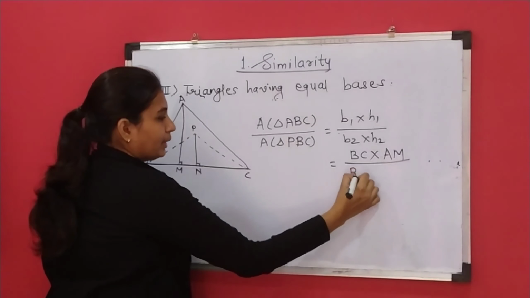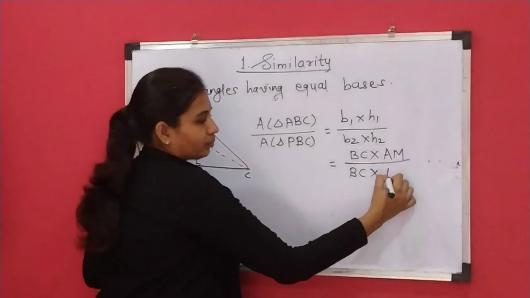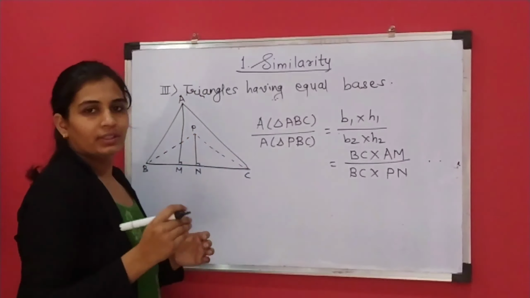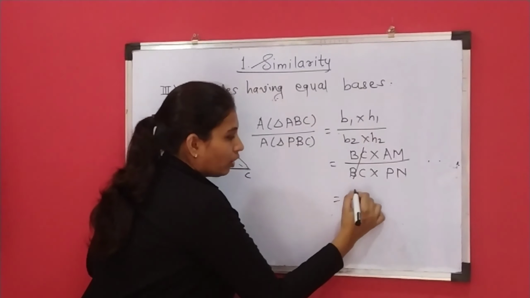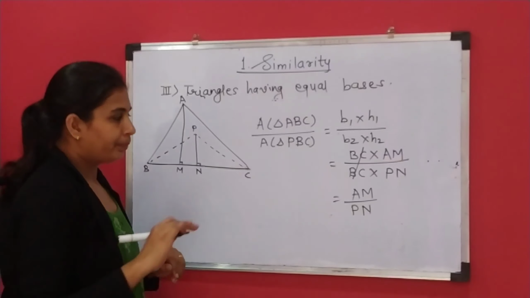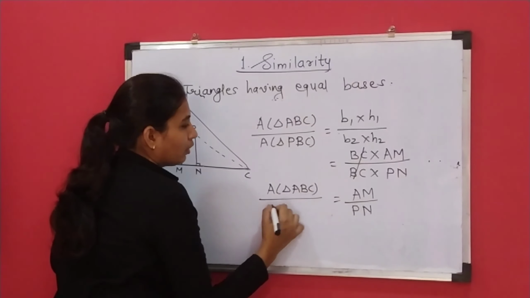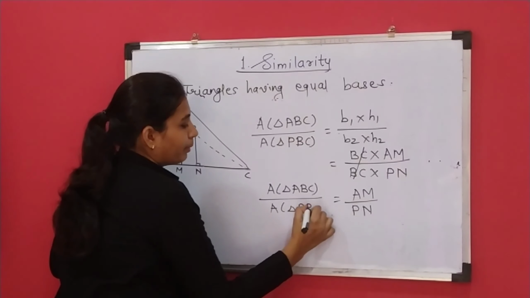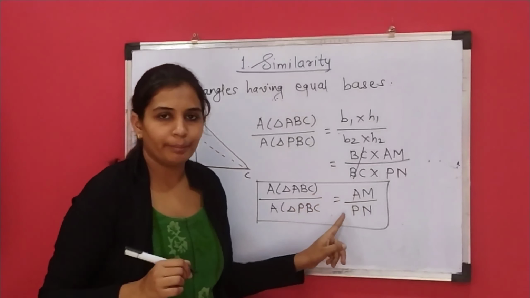The base is BC again, and H2 will be PN. Now students, you can cancel BC. We get the ratio of AM is to PN, which means the area of triangle ABC is to the area of triangle PBC is equal to AM upon PN.